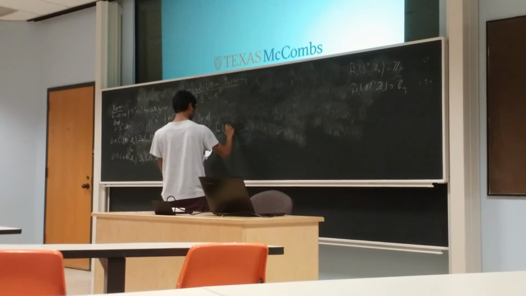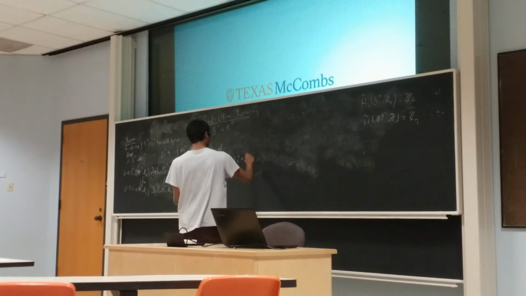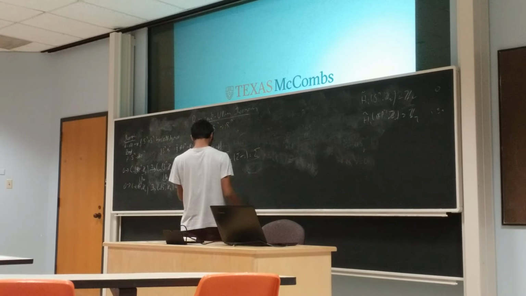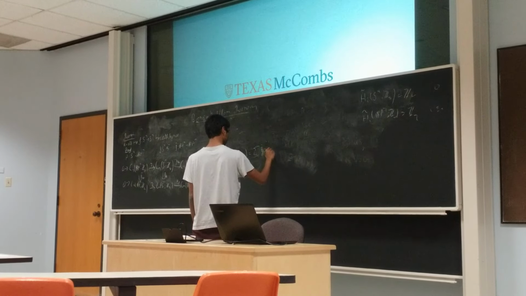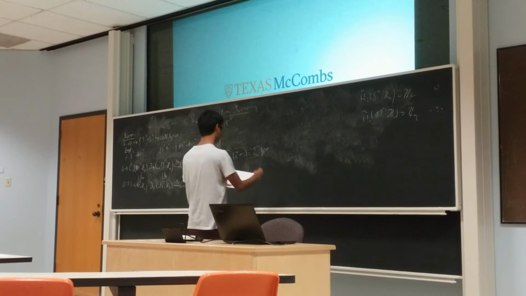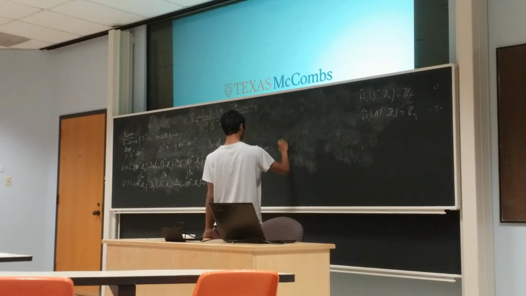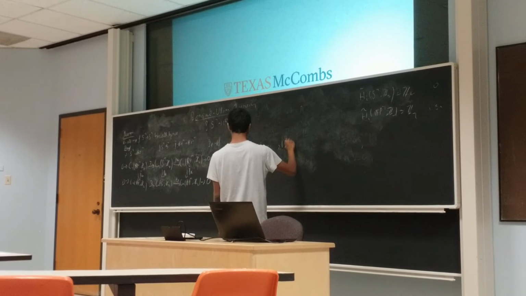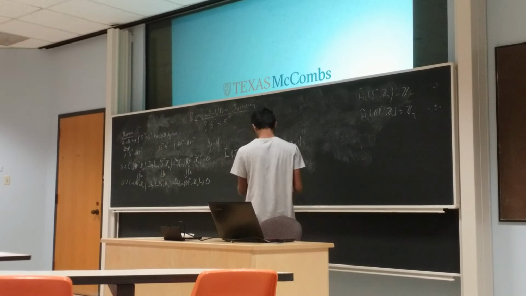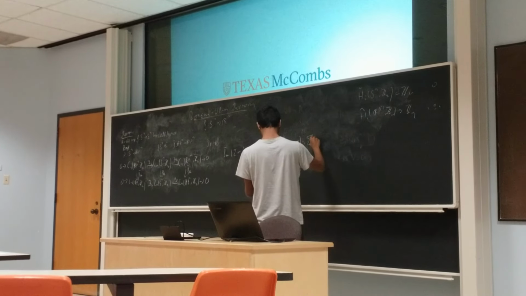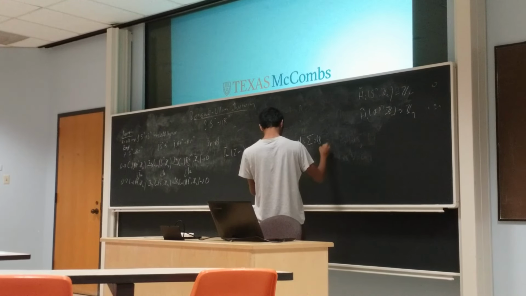So we have this, and I don't insert coefficients because we're working in Z2, and we have this. And now, once we apply Z to this, we should get this.